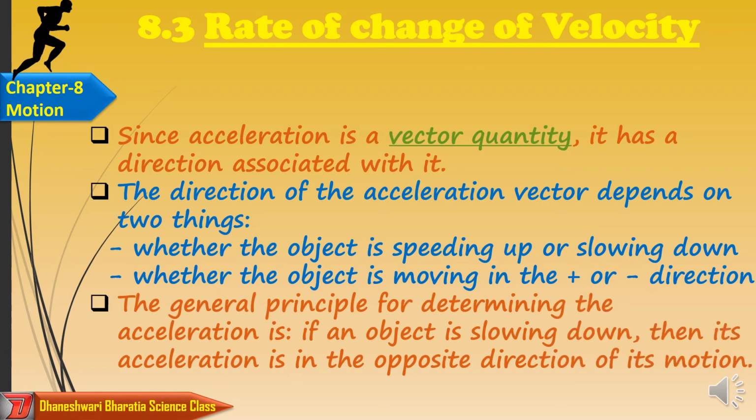Okay, the general principle for determining the acceleration is, if an object is slowing down, अगर कोई ऑब्जेक्ट स्लो डाउन हो रहा है means it is opposite to the direction of its motion.